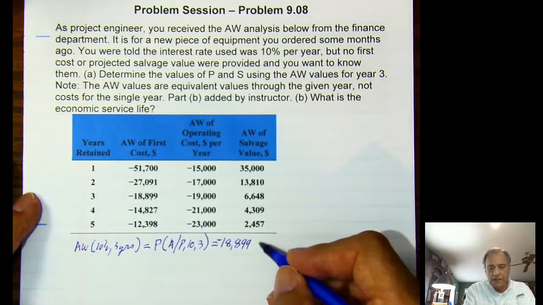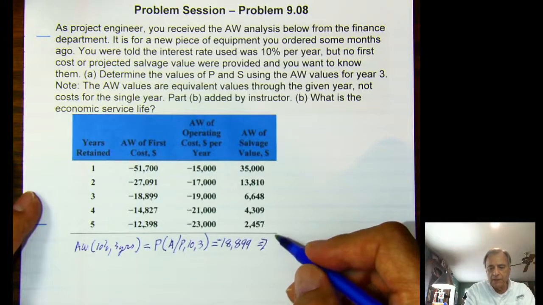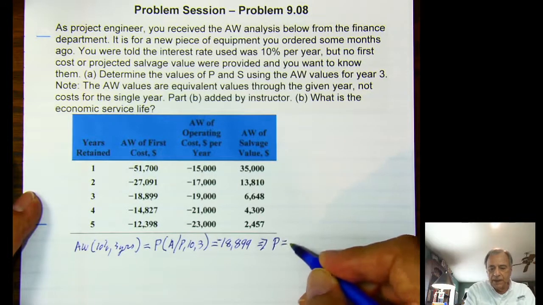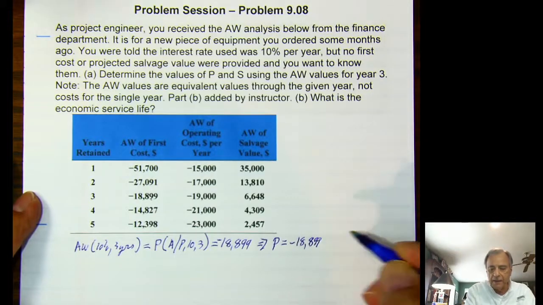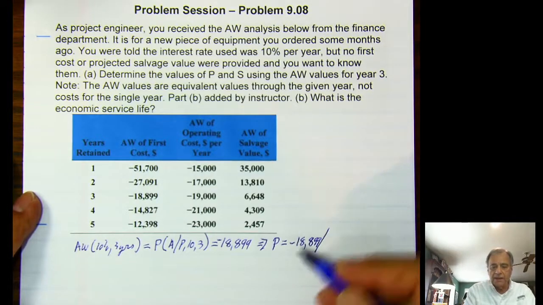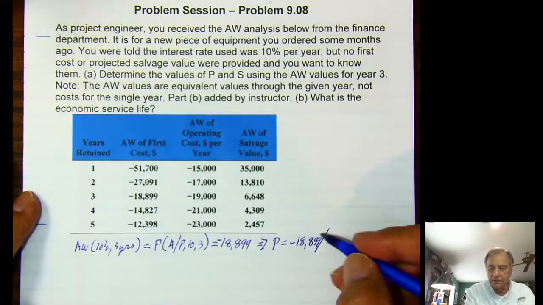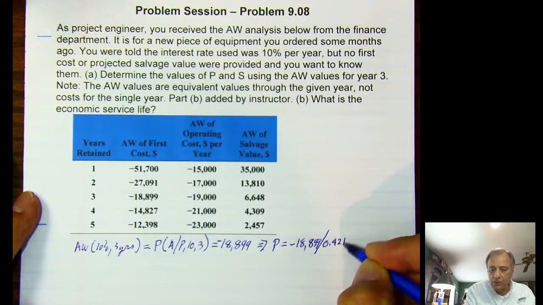So if we solve for P, P is equal to minus 18,899 divided by this A given P, 10% for 3 years, and that turns out to be 0.42115.